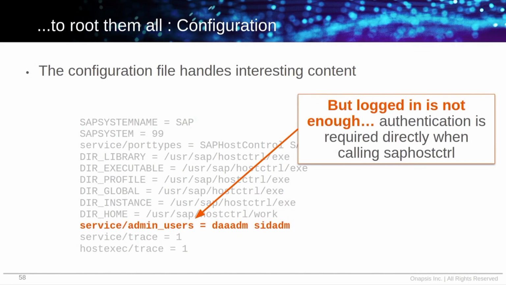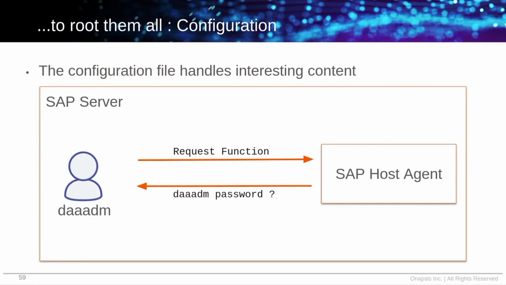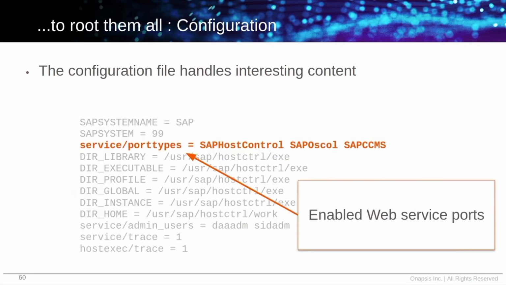But unfortunately, after a few tests, we understand that even if we are logged in as the ADM user locally on the system, we need to provide the password again when we call the SAP host control. So we are a bit disappointed, because in our case, we use the SAP Resource Manager to execute the ADM OS command, so we don't have the password, of course. So we can't communicate directly like that.